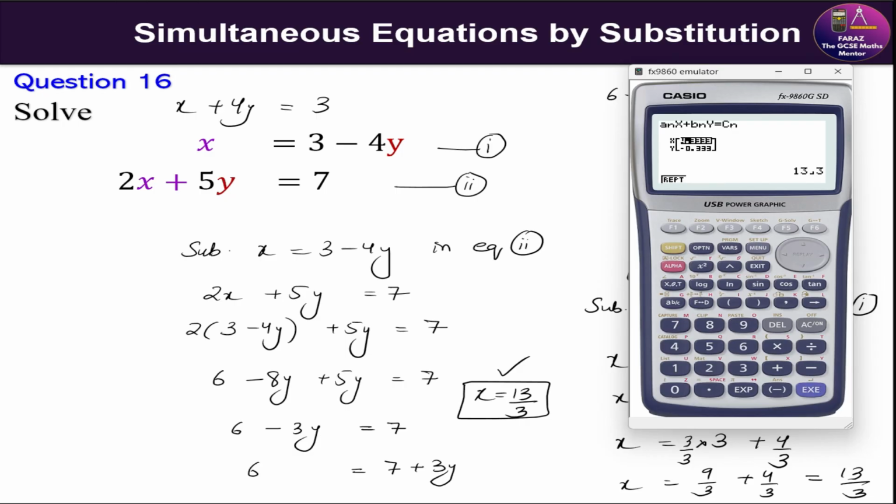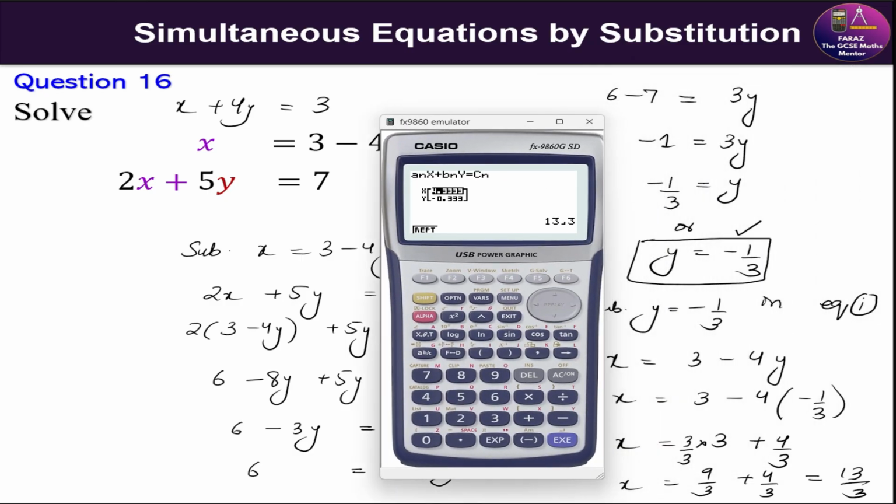It would give you 13 over 3. You can see there x is 13 over 3 and y is negative 1 over 3. All right, let's move to the next question.